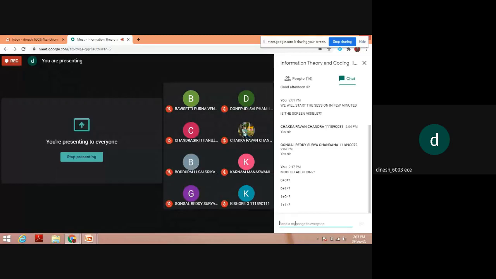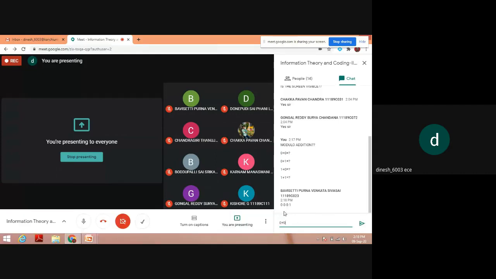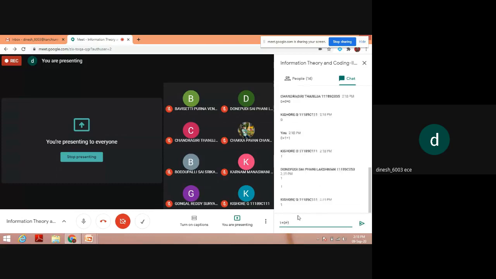Modulo addition is nothing but usage of XOR gates in the addition. In an XOR gate, what do you get for 0 plus 0? 0 modulo 2, or 0 XOR 0? I'll write it. 0 plus 0 is always 0. 0 plus 1 is always 1. 1 plus 0 is always 1.